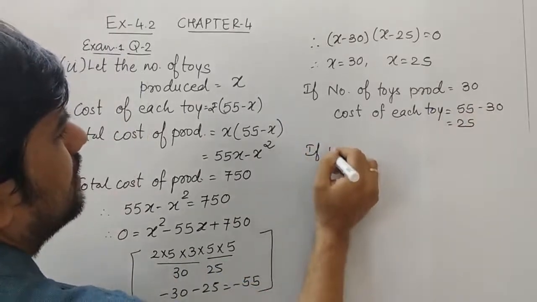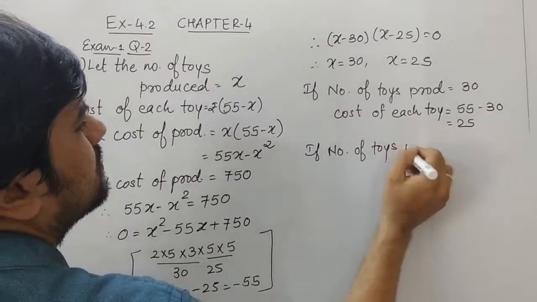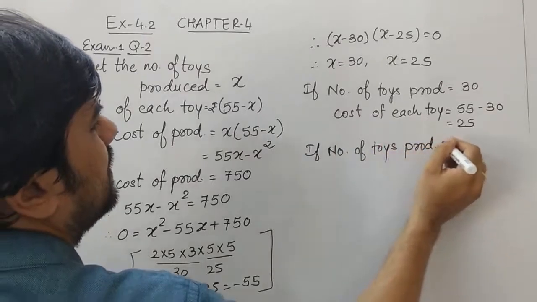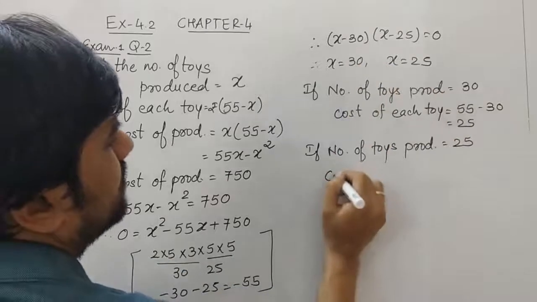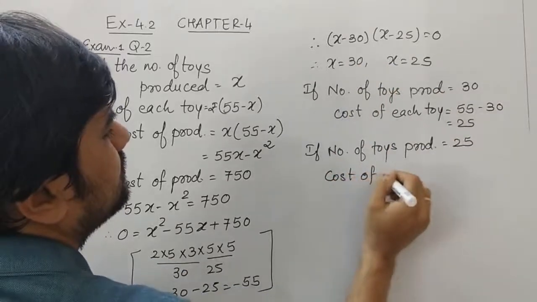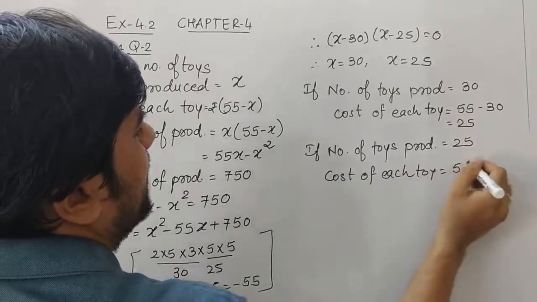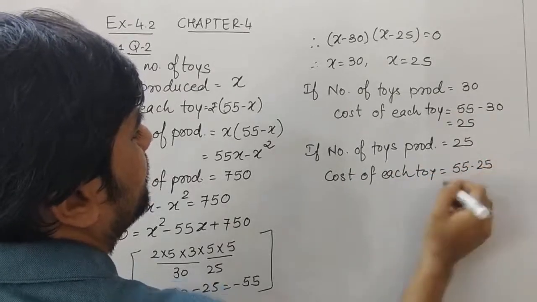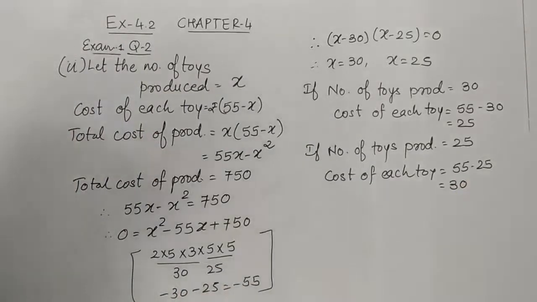Now if the number of toys produced is 25, because both the possible values are there, then the cost of each toy is again 55 minus 25, so it is 30. So again students, it is not mentioned which one is the greater value, so both possible values we need to find out. Thank you.